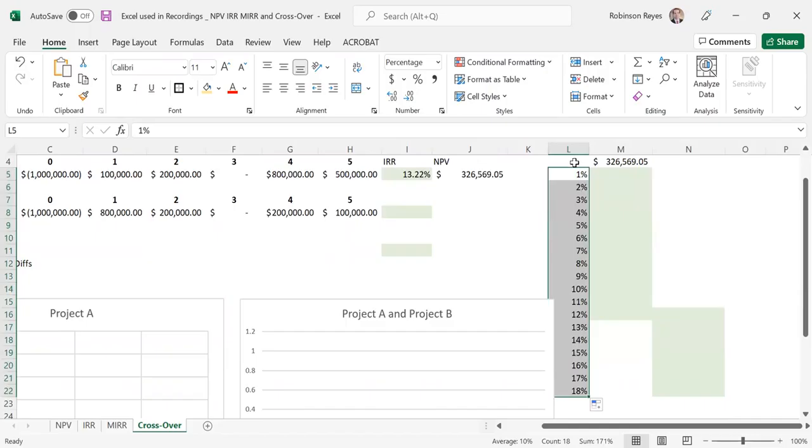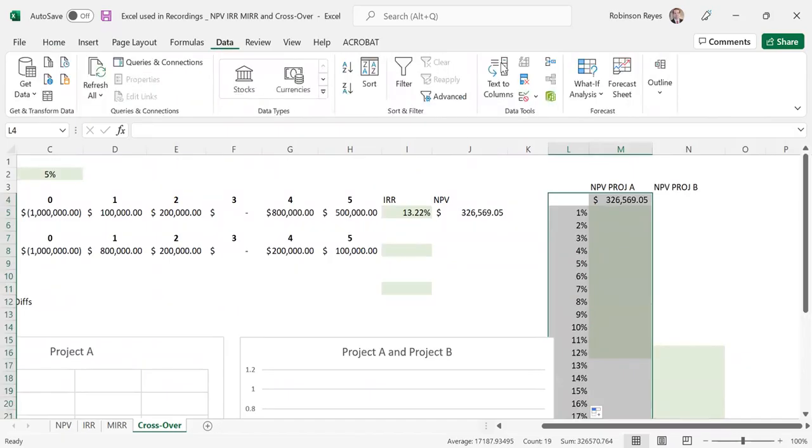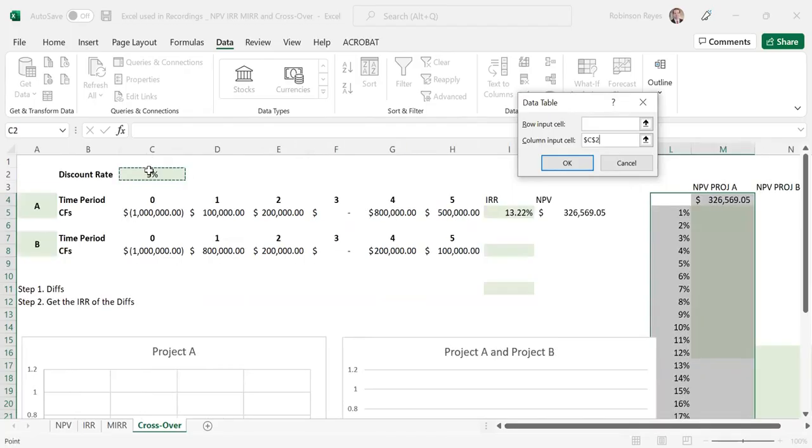And then let's ask Excel, when we choose all of this, we select Data, What-If, Data Table, column input cell. What we are telling Excel is I want you to calculate this formula that I'm giving you on the top cell of a column, and I want you to do this by changing this discount rate.